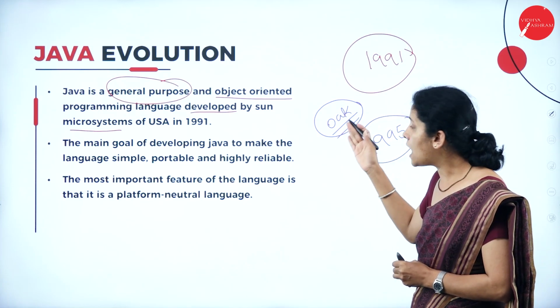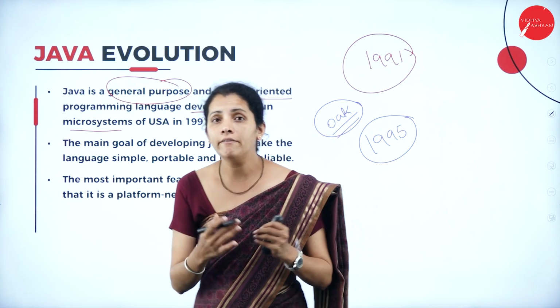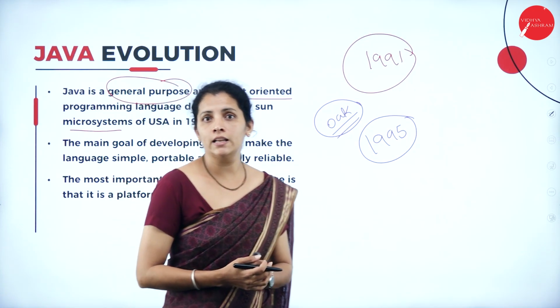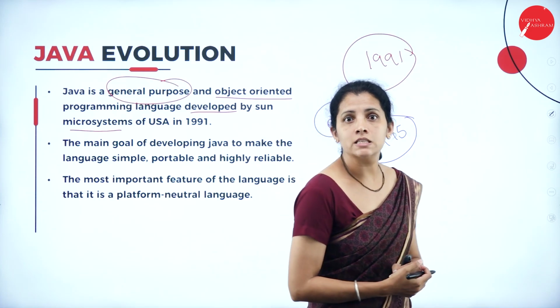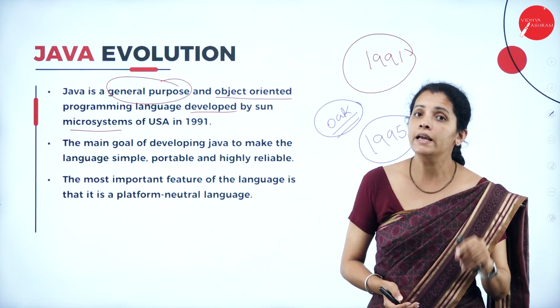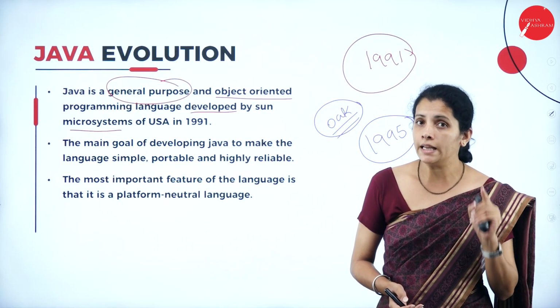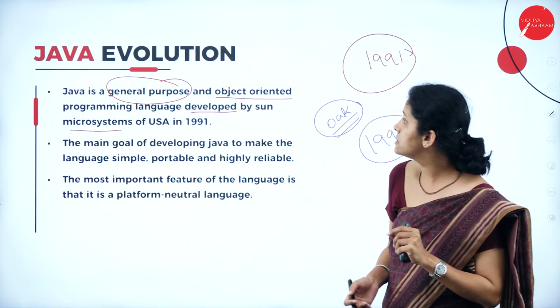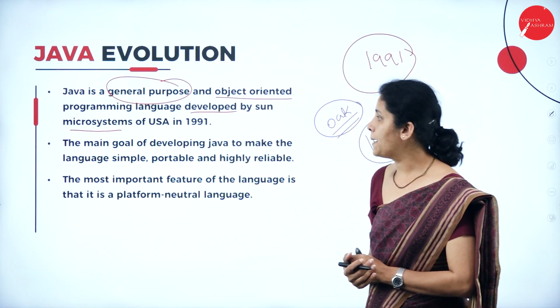Now, this Java is mainly designed to develop interactive television. So why was this Java program introduced? It is mainly introduced to develop interactive televisions. For that reason, they introduced Java programming.